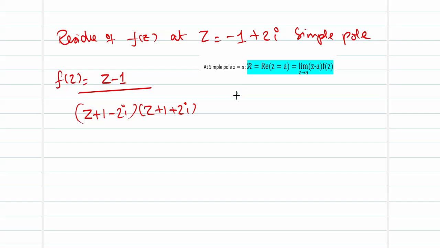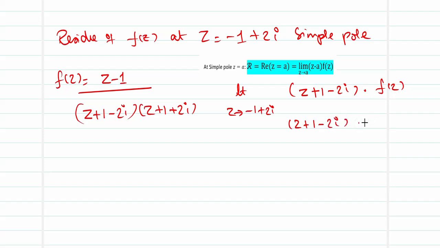So we have limit z tending to the pole, which is minus 1 plus 2i. I have the factor as z, minus of minus makes it plus, 2i, into our function f of z.